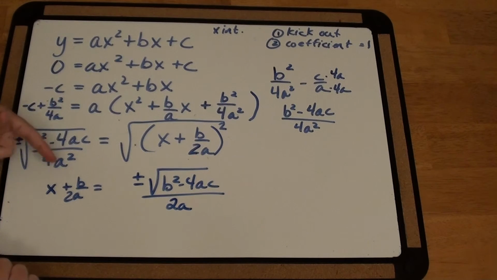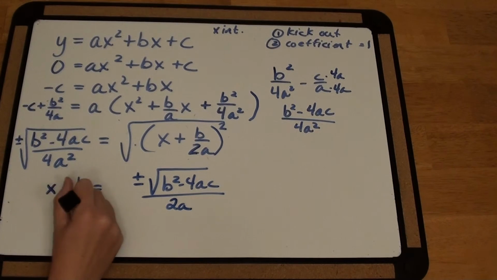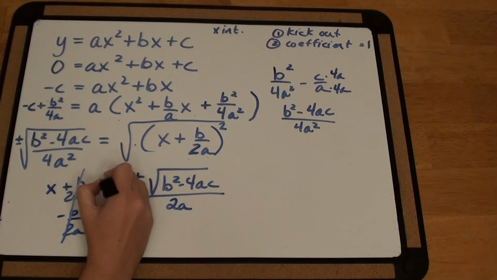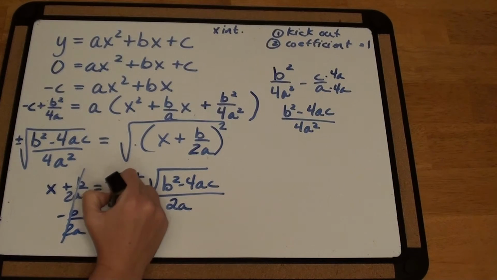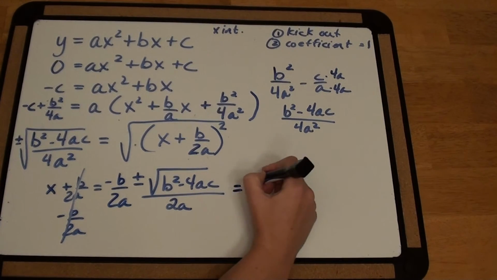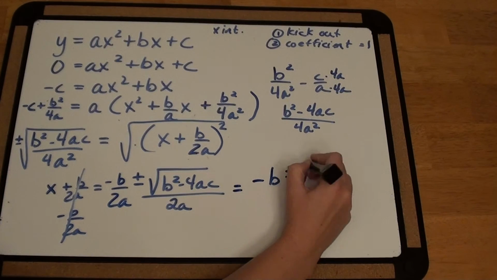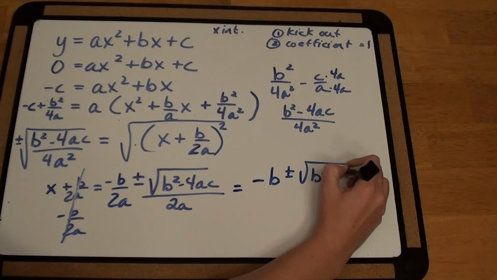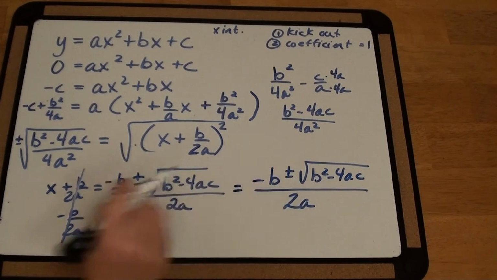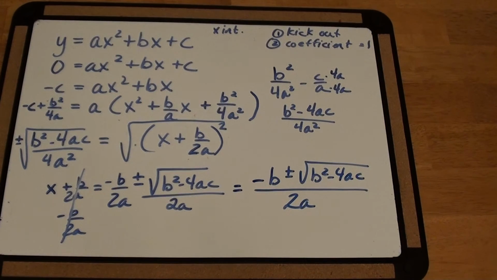I need to subtract b over 2a from both sides, so this will cancel. Minus b over 2a. And look, now we have a common denominator. Isn't this pretty? Opposite of b plus or minus the square root of b squared minus 4ac all over 2a. Voila, we have derived the quadratic formula.